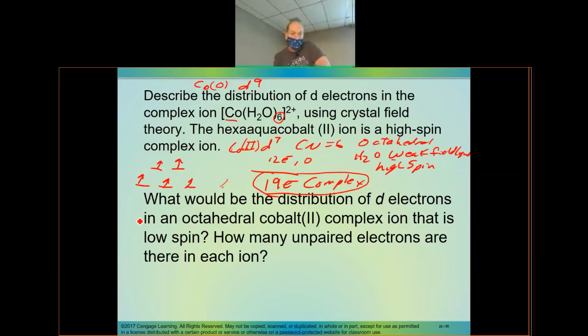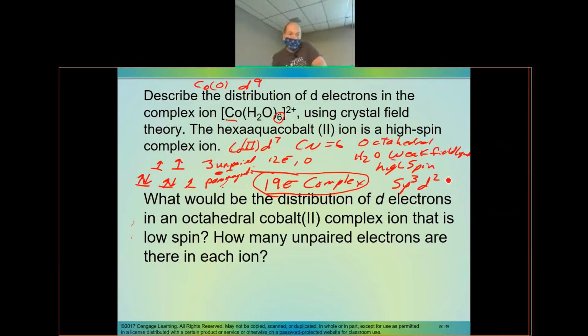And then 6 and 7, we go back down and pair up. So we have 3 unpaired electrons, and it's paramagnetic. Now, since there's electrons in this d orbital, the hybridization is sp3d2.